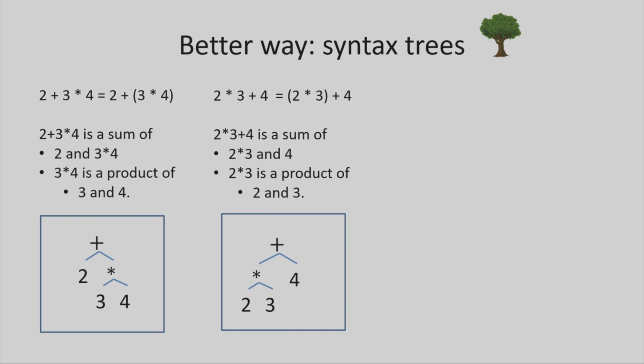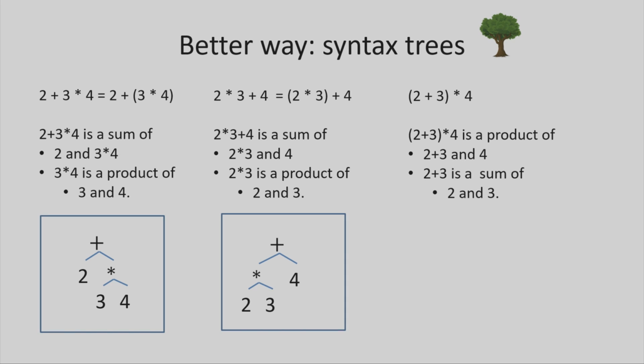Here is a tree. And notice how now we have more things hanging on the left of the plus than on the right of the plus. Let's try another one: 2 plus 3 in parentheses, times 4. So now we don't have a sum of two things, we have a product of two things.